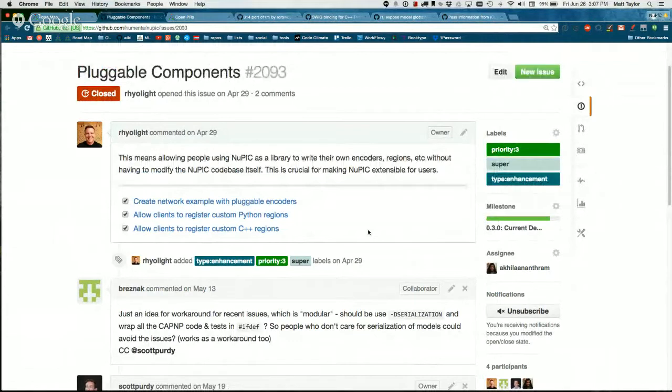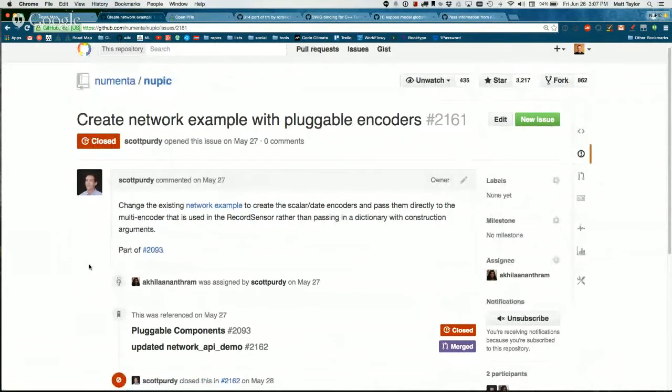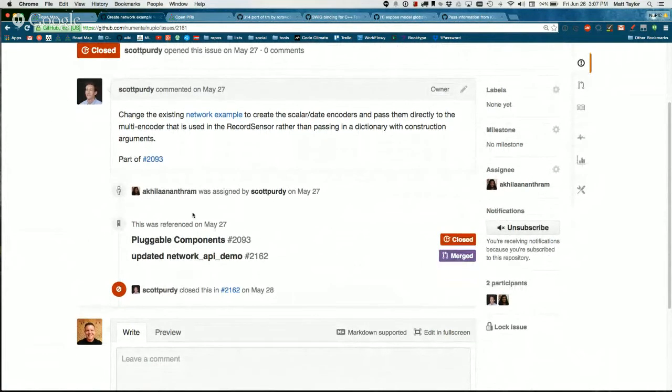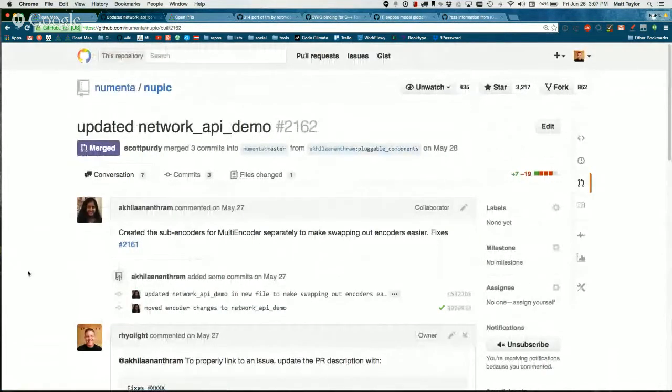It says pluggable encoders. Can you click on that top one? Pluggable encoders. Network example with pluggable encoders. I did this. Yeah, you must have. Sorry, Scott's not right by my computer, I'm using my computer mic.